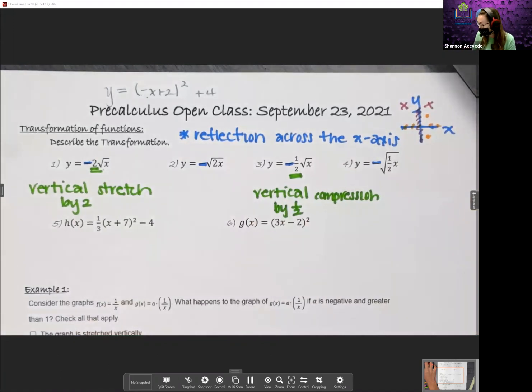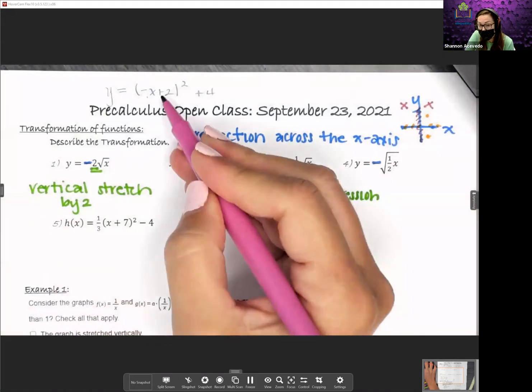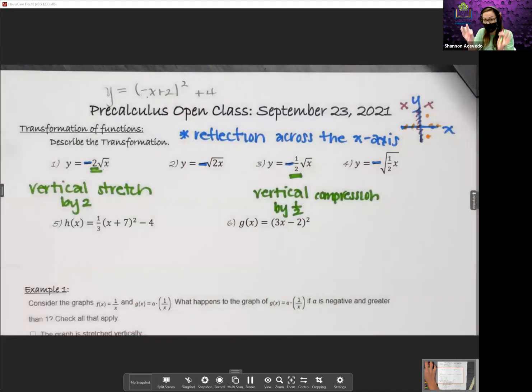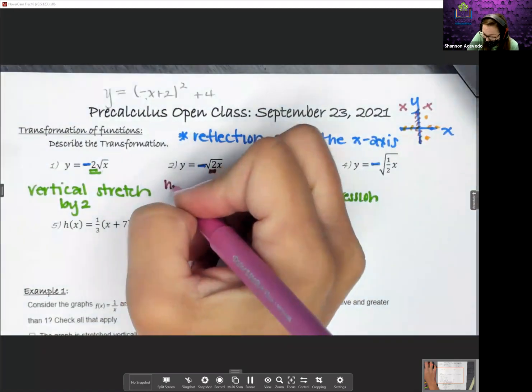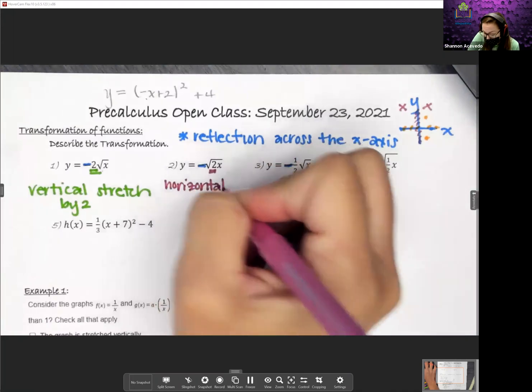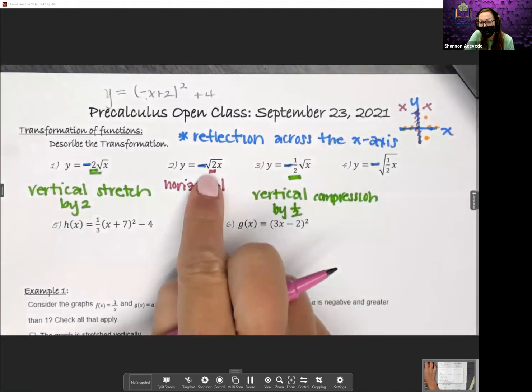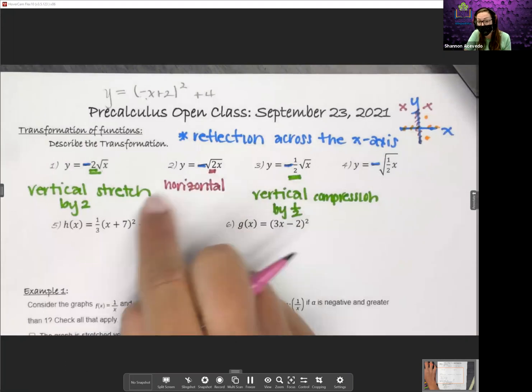However, when the value is inside the square root or inside the quadratic, what's being squared, then that's going to be horizontal. Now this one's tricky, because we look here and you guys go, oh yeah, it's greater than 1, so it has to be a stretch.